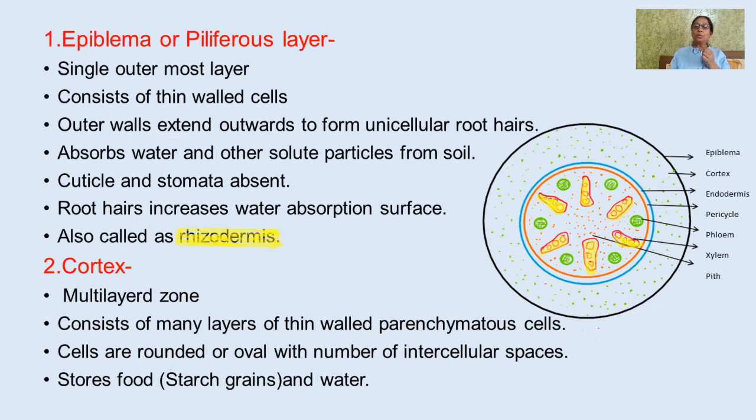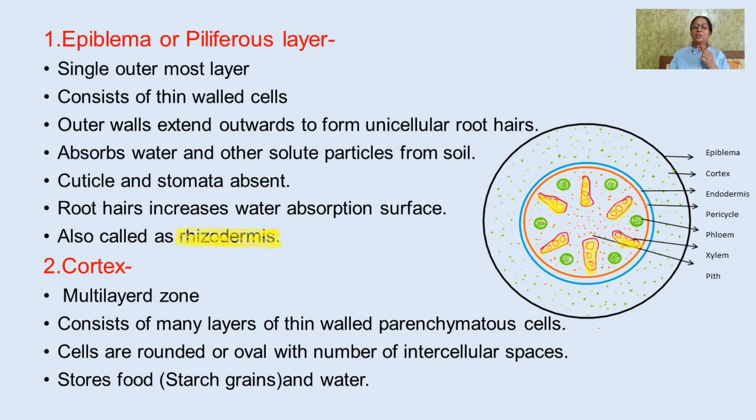In the monocot root, the cuticle, the thickening present on the epidermis, and the small openings generally present on the epidermal layer are totally absent. The root hairs present on the outermost surface increase the water absorbing surface of the root. So this epiblema is also called the rhizodermis.